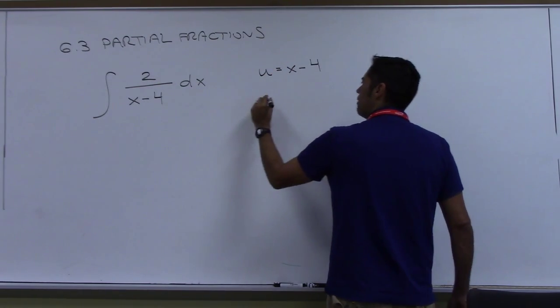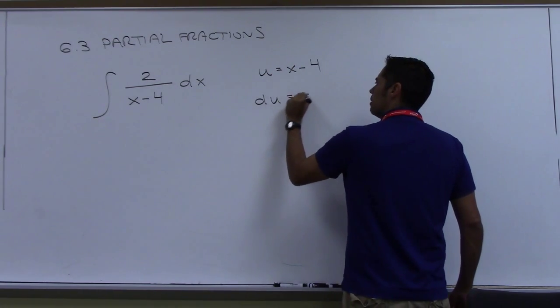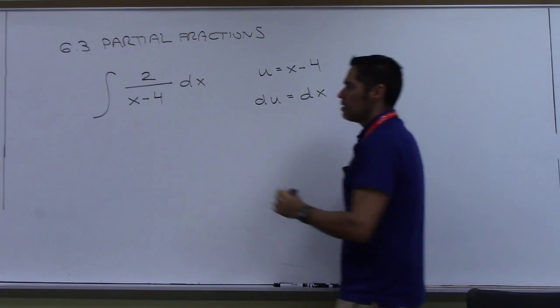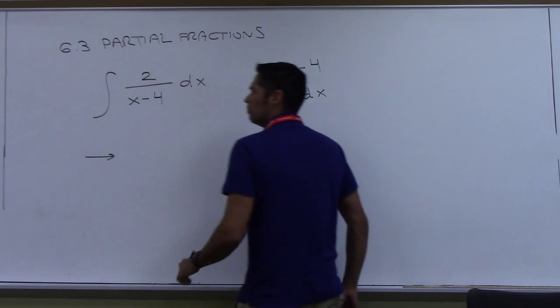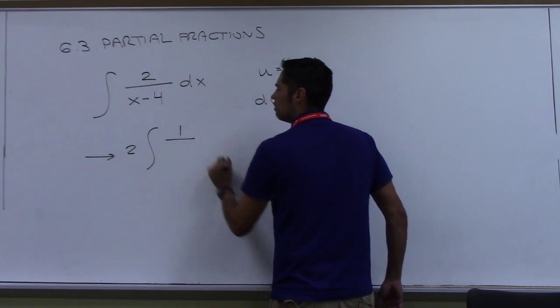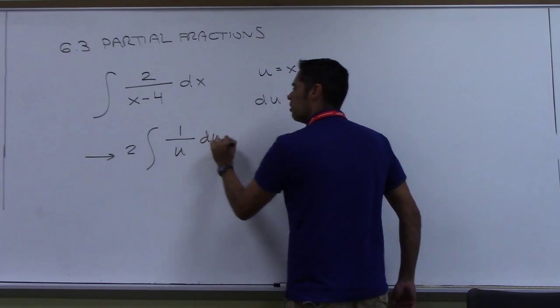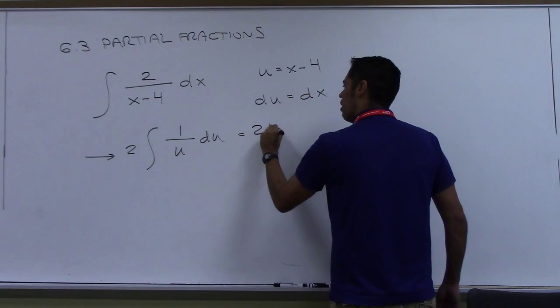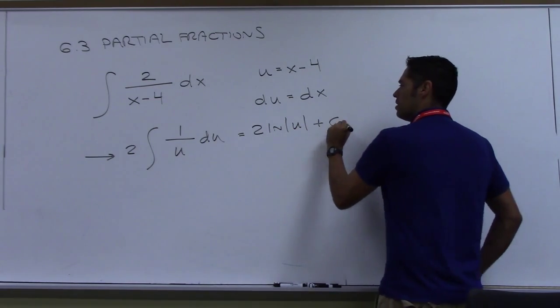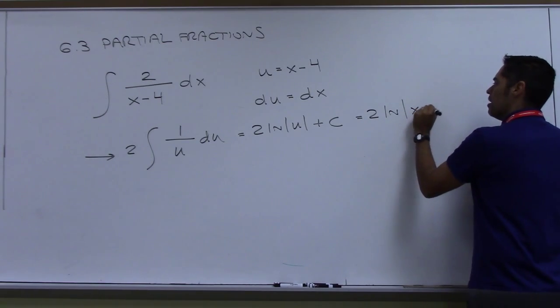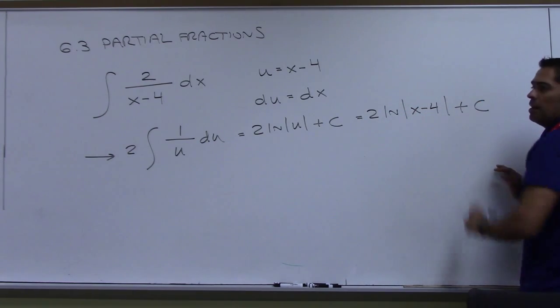What's the derivative of that? dx, right? 1 dx. And then we could rewrite the integral how? The 2 comes out. 2 integral 1 over u du. Antiderivative of 1 over u, natural log of u plus a constant. And we just replace u with x minus 4, and we're done.